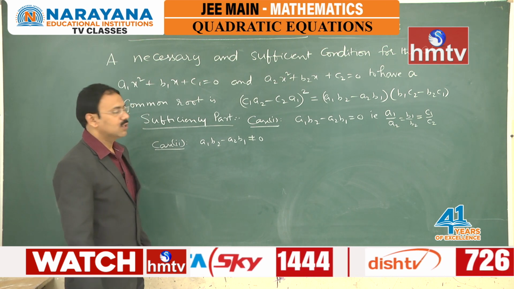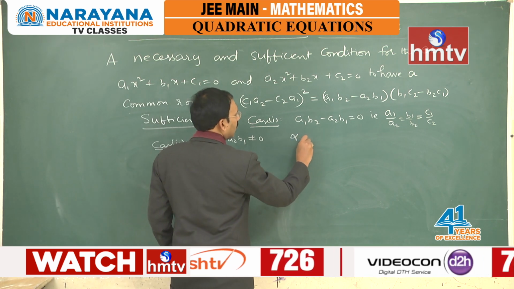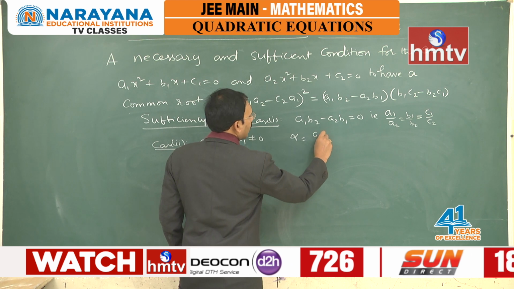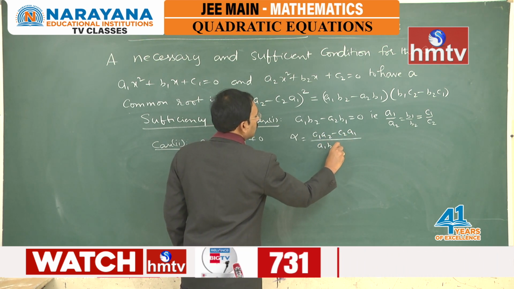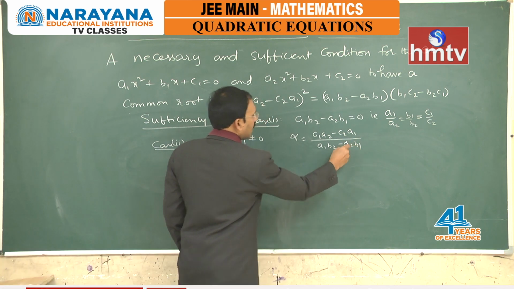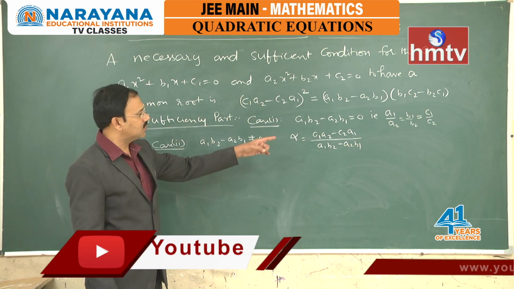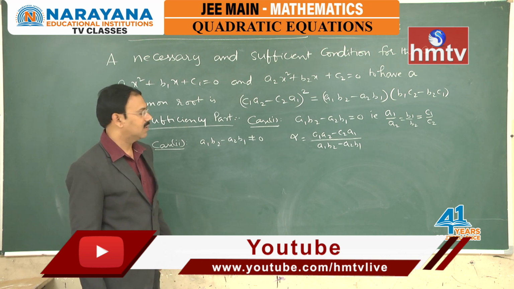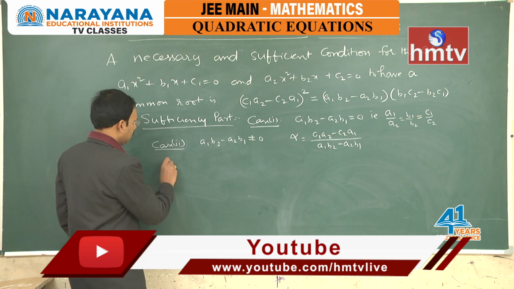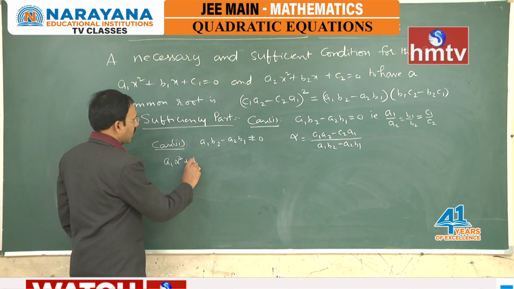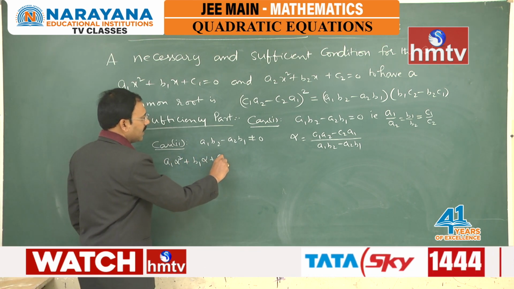In this case, choose a real number alpha as (C1A2 minus C2A1) by (A1B2 minus A2B1). As the denominator is not equal to 0, it is some real number. Now, for this real number, you just compute A1 alpha square plus B1 alpha plus C1.